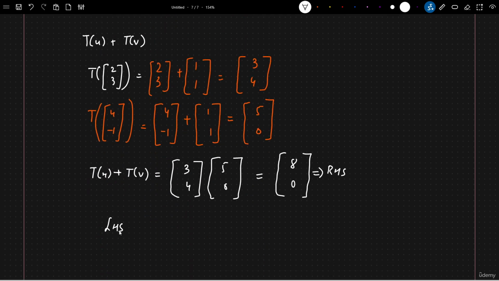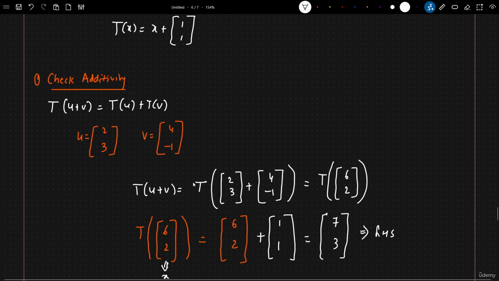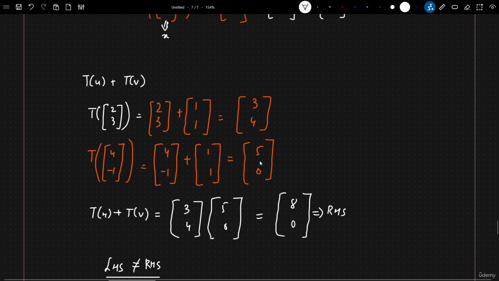So this transformation does not satisfy the linear transformation, but there's still one more condition which we should check. Either way, it fails this additive condition. So here you can see LHS is not equal to RHS. Did I do it correctly?